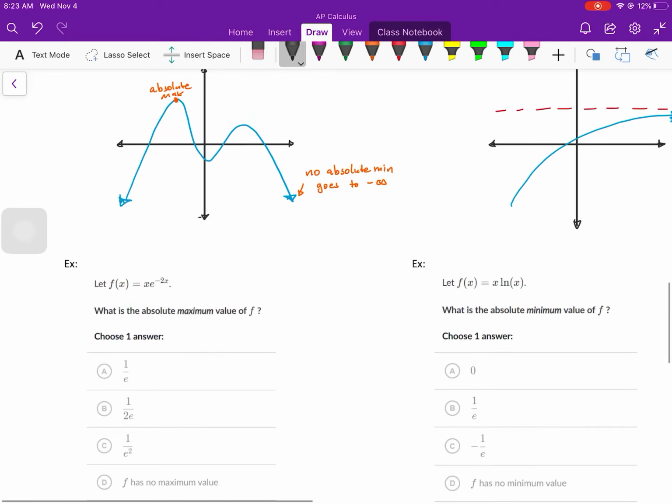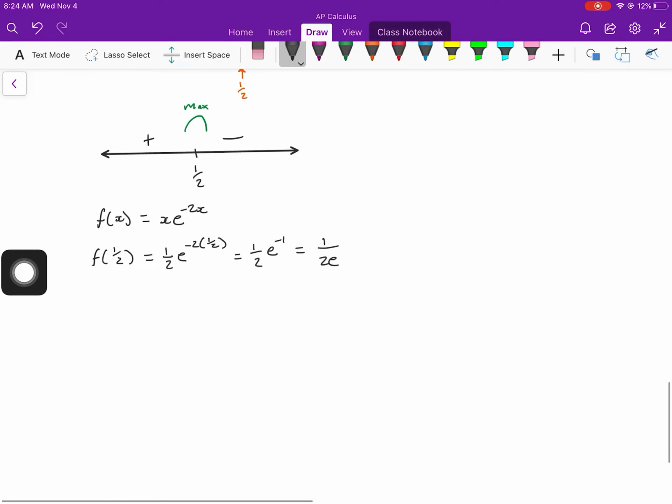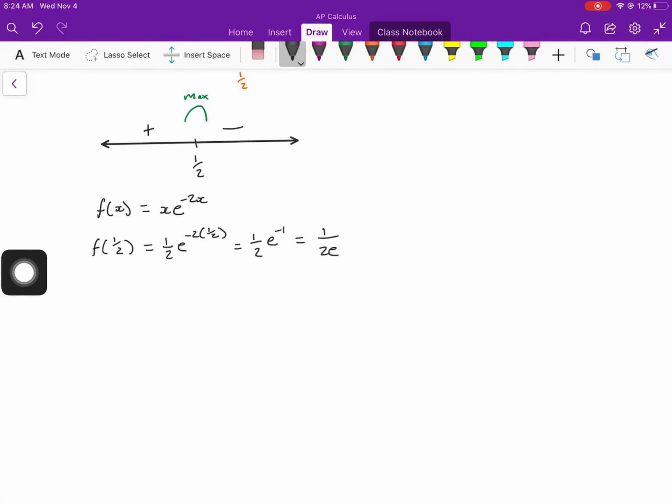But we've got to make sure that we don't have a situation where it might be going up to positive infinity. So let's go ahead and do the limit as x goes to infinity and negative infinity. Limit as x goes to infinity. This would technically go on the denominator. I'm going to go ahead and do so.